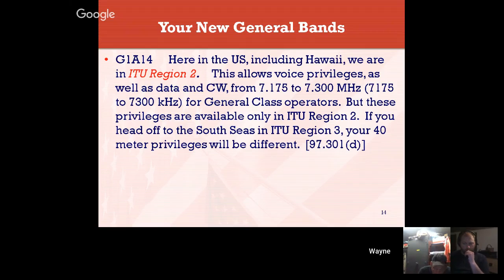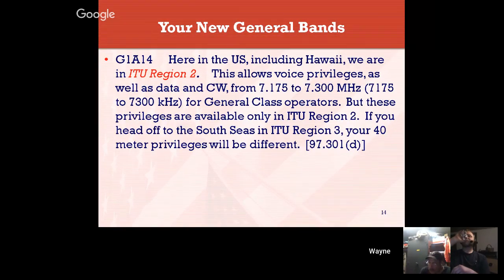So here in the US, including Hawaii, we are in ITU Region 2. This allows voice privileges as well as data and CW from 7175 to 7300 kilohertz, or 7.3 megahertz, for general class operators. But these privileges are only available in ITU Region 2.